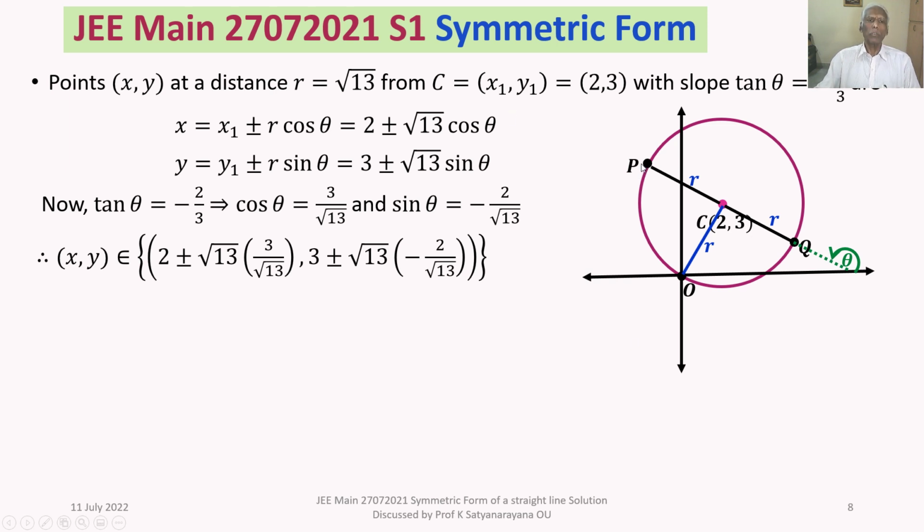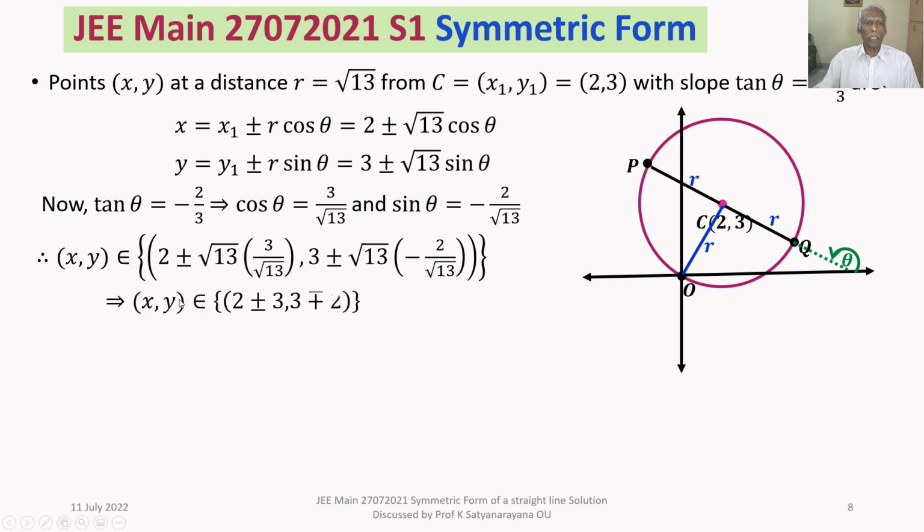That means we are going to get the P and Q coordinates. The points we get, we will verify whether they lie on the circle or not. If they lie on the circle, they will be P and Q in some order.